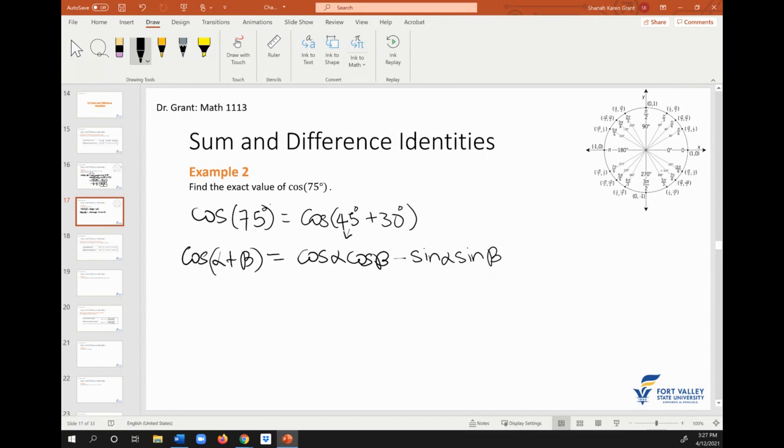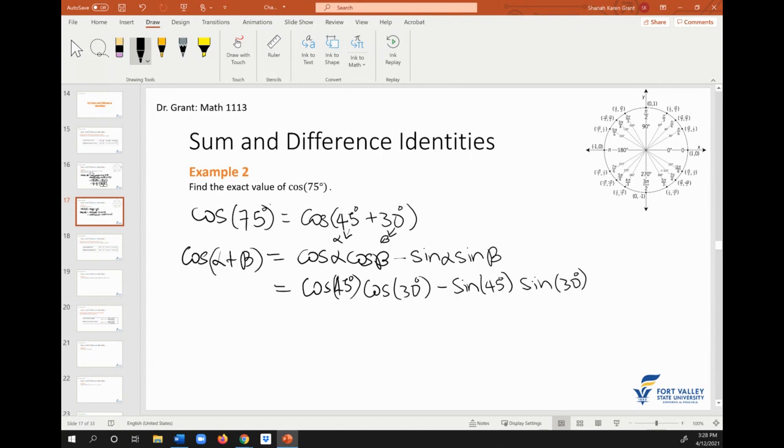And so I'm plugging in, of course, this is my first angle and this is my second angle. So this becomes cosine of 45 degrees times cosine of 30 minus sine of 45 degrees times sine of 30, right?